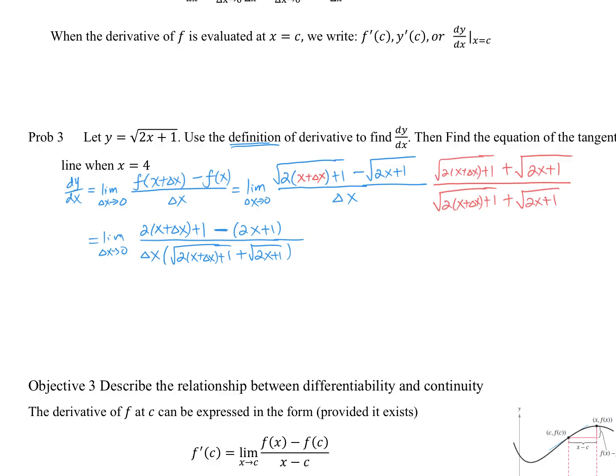All right, let's simplify the top a little here. So the top, we have 2x plus 2 delta x plus 1 minus 2x minus 1. The bottom, we have the same. It's pretty long to write, but I definitely encourage you to write the whole thing down.